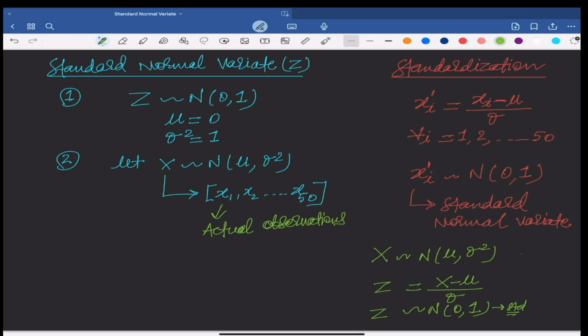Having said that, you might ask, why are we standardizing this data? What is the point of standardizing? Given any random variable x, let me draw a Gaussian distribution first.